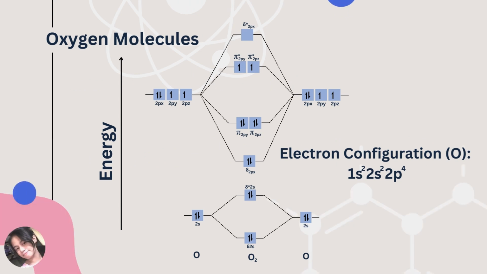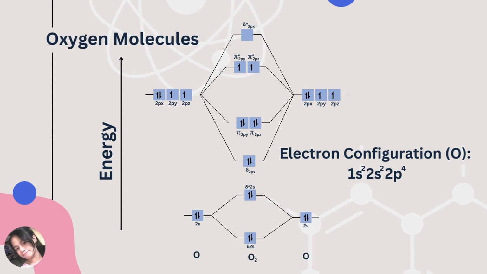So for oxygen molecules, we will use the ground state electron configuration of 1s2, 2s2, and 2p4, resulting to 16 electrons, in which it occupies the 2p orbital, and it shows unpaired electrons at the higher level of the antibonding in pi 2p.